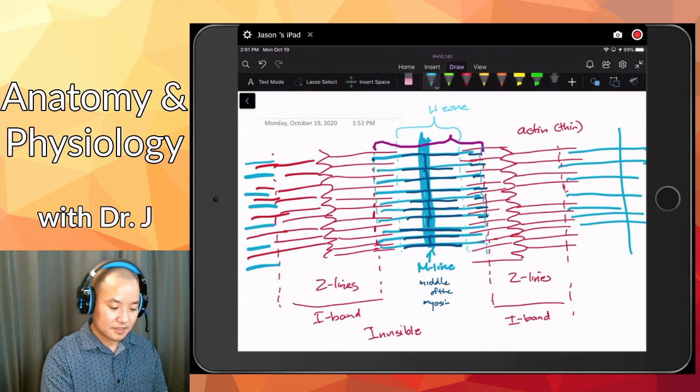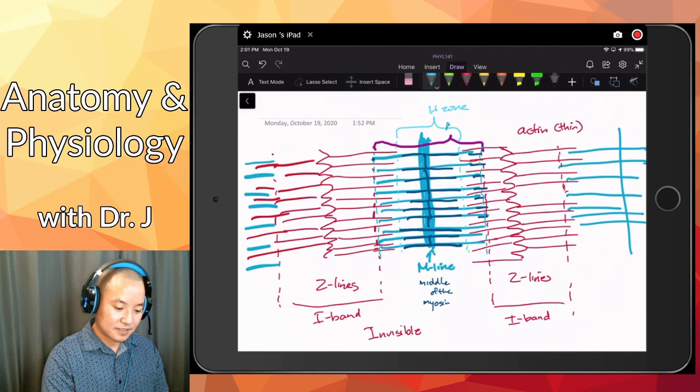But notice, what do we have here? This is what we call the A band. I like to think of it as this A band right here. The A band would be everything here.